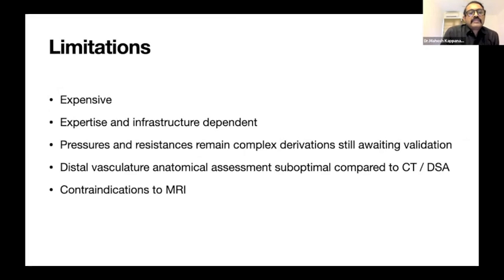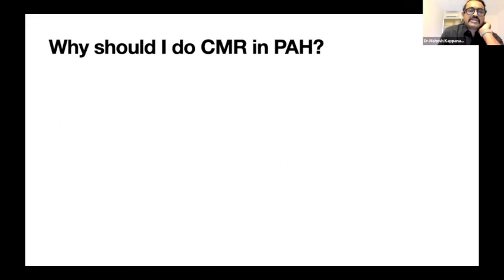So MRI has its own limitations. It is expensive, it is expertise and infrastructure dependent, and the pressures and resistances still remain complex derivations, which are still awaiting validation. The distal vasculature anatomical assessment is suboptimal as compared to CT scans or digital subtraction angiography, and there are several contraindications to MRI in itself.